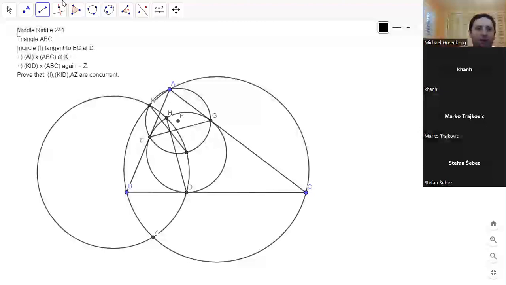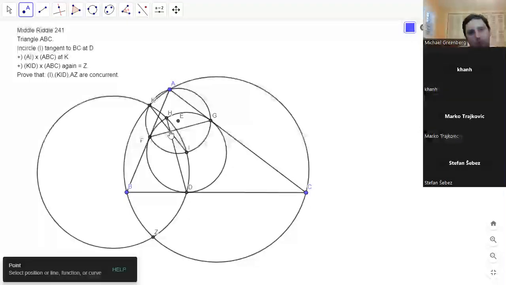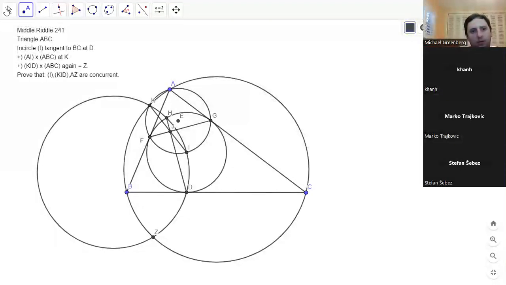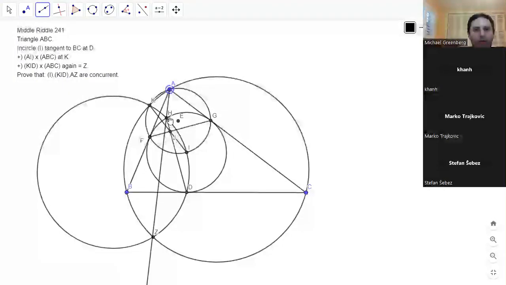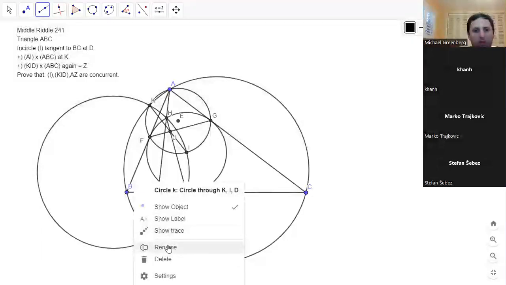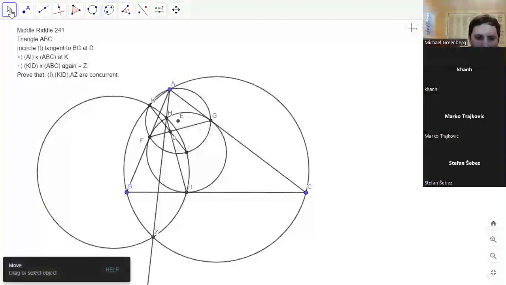So then we use another fact that if you intersect AH with the circumcircle ABC, then that would be the mixtilinear point. And it is just left to show that Z is the touch point of the mixtilinear circle. And I believe it is not hard. Okay.